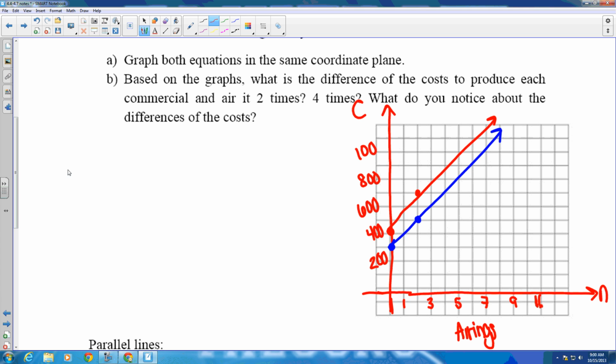Okay, based on the graphs, what is the difference of the cost to produce each commercial and air it two times, sorry. Between 2 times, the difference is $100,000 every single time.